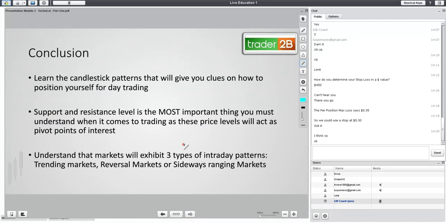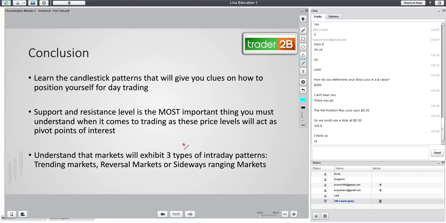Okay, so in conclusion, guys, learn the candlestick patterns, the individual candles, as well as a series of candles. They will essentially give you clues on how to position yourselves to trade the day. Understand that support and resistance levels are the most important thing you must understand when it comes to trading, as these price levels will act as pivotal points of interest.